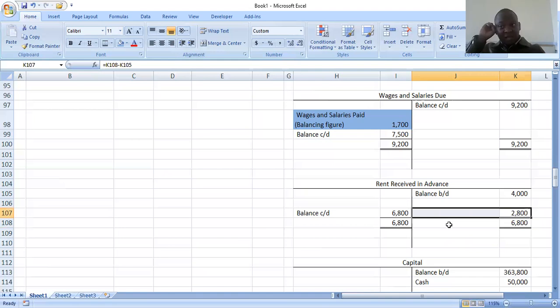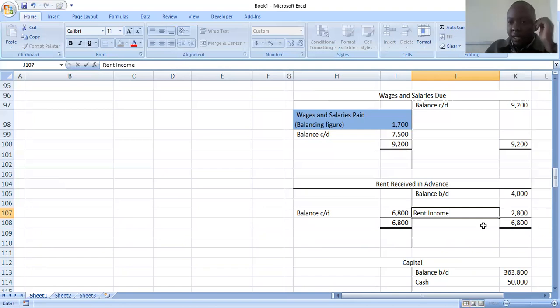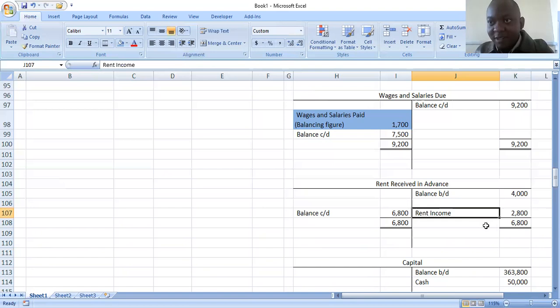So it means that our tenants have prepaid us still in this year, and they increased this prepayment by 2,800. So this amount went to the rent income account. Okay, rent received in advance has increased by 2,800.